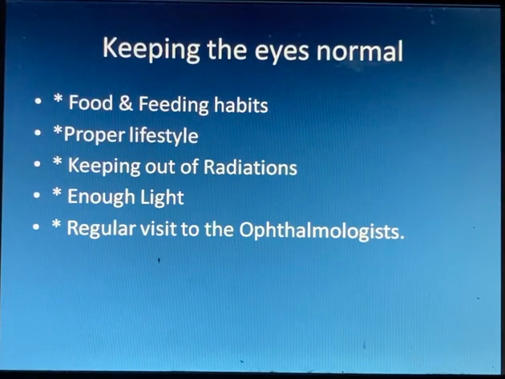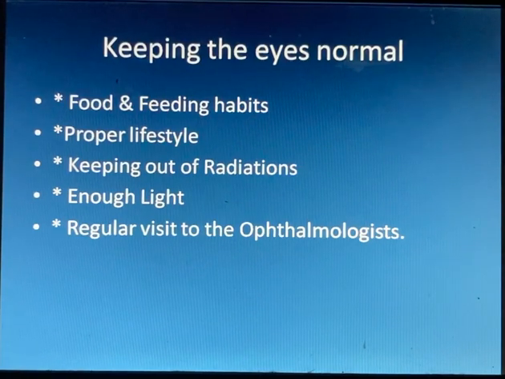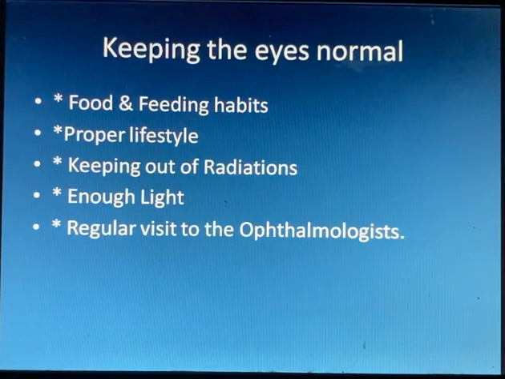You may make separate points like proper lifestyle. What does it mean? Proper lifestyle means having enough rest, having a proper biological clock, a stress-free life, of course, and a tension-free life.